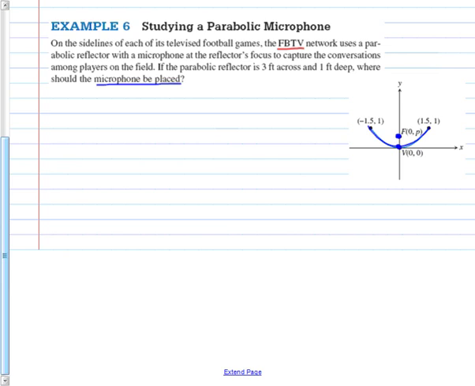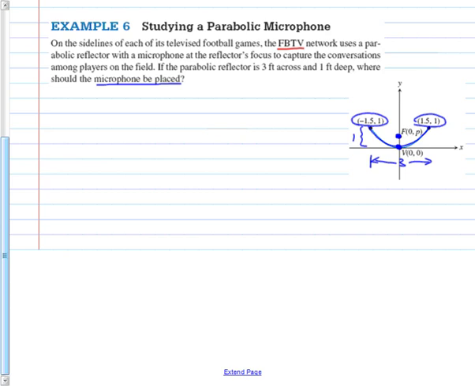We put the vertex right at the origin. And if it's 3 feet across, well, I know I have 1.5 feet on each side because they're symmetrical. And the 1 foot deep is right there. And so that's where they've come up with these 2 points on it. Over 1.5, up 1, back 1.5, up 1.